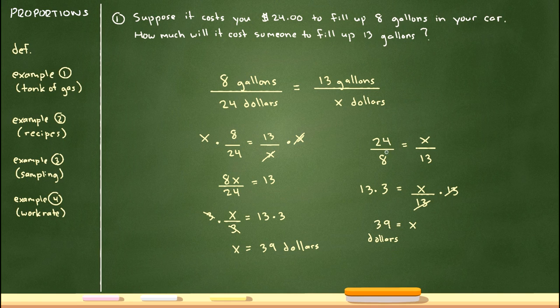So for example, if I said, it's $24 for 8 gallons, I couldn't set up the ratio over here, 13 gallons per how much money. In this case, I was comparing gallons to dollars, so again, I have to compare gallons to dollars over here like that.